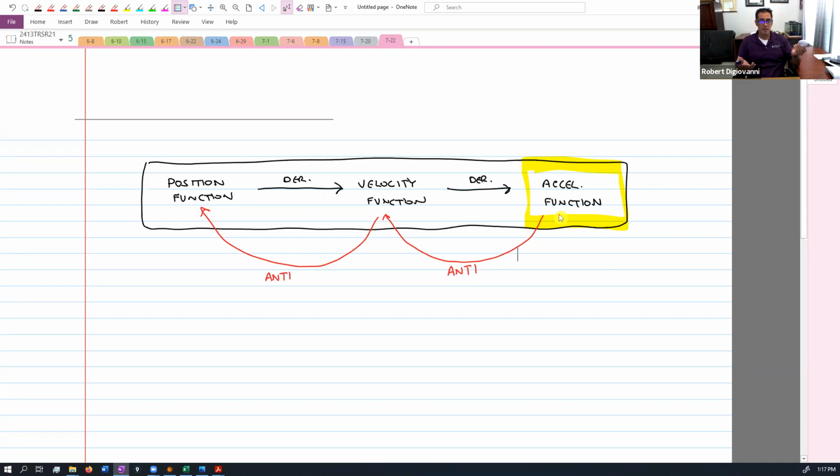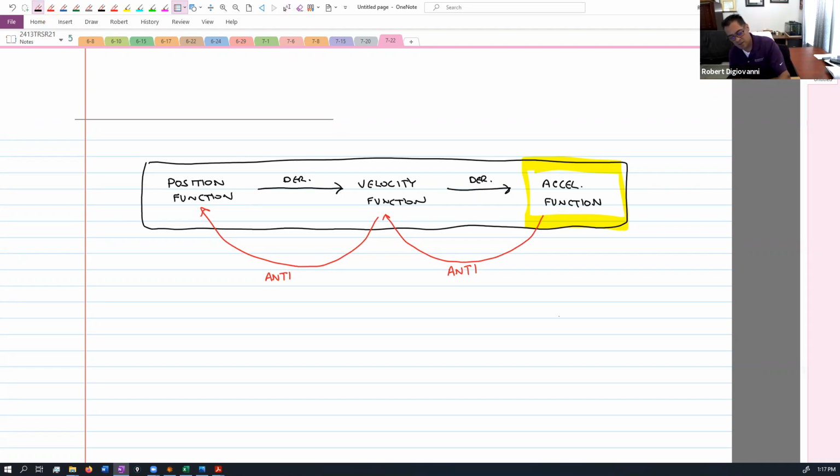You study this in physics, negative 9.8 meters per second squared. That's the acceleration of gravity. So if that's the acceleration function for any object on Earth, then I should be able to tell you where that object was at every point in time. But you're going to have to give me two pieces of information. So let's try it. This is pretty awesome.